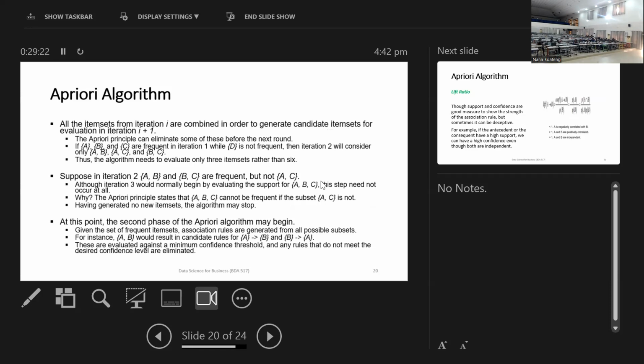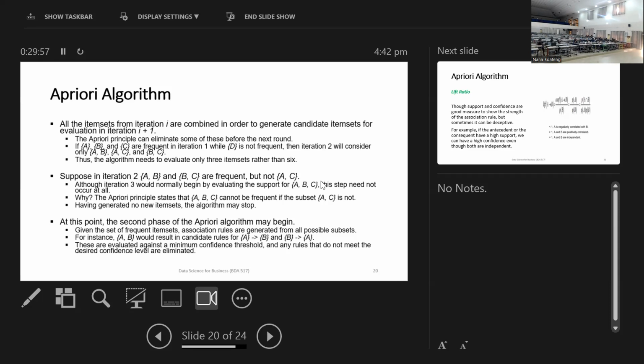So the Apriori principle can eliminate some item sets before the next round. For example, if A and B and C are frequent in iteration one, while D is not frequent, then iteration two will consider only AB, AC, BC. It will ignore anything that relates to AD, BD, CD. Have you seen? Because D did not meet the threshold.